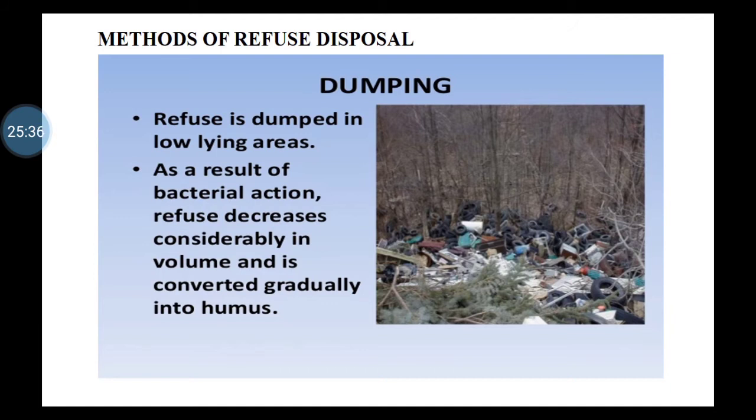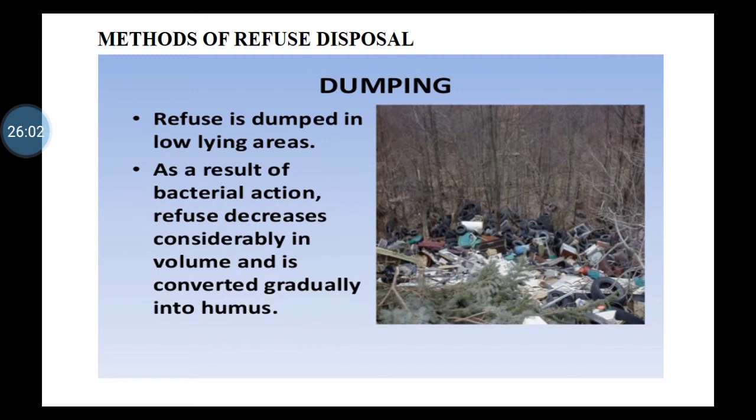As a result of bacterial action, refuse decreases considerably in volume and is converted gradually into manure, called humus. This low-lying area can be used for agricultural purposes, or for residential purposes after a couple of years.